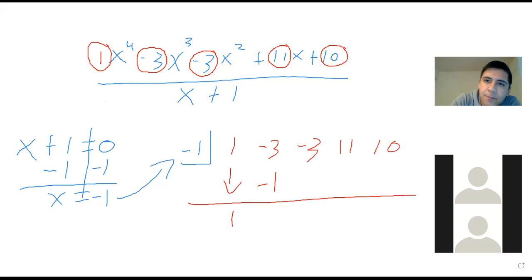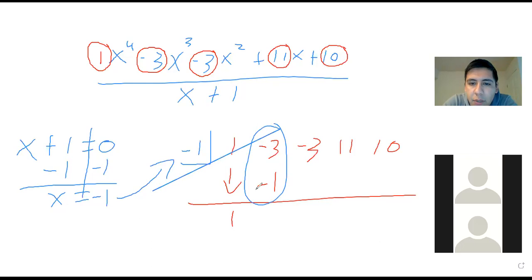So now we are going to combine these two. So that's -3 minus 1. What does that give us? -4.